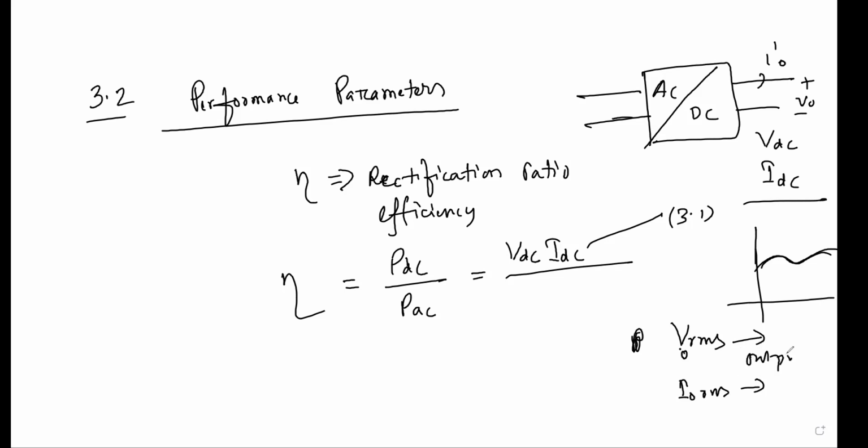Then your PAC will be defined as VRMS multiplied by IRMS. Look here, in your book they did not mention the O, but if it is VRMS, you have to understand this is your output. In my opinion, it could also be your input.